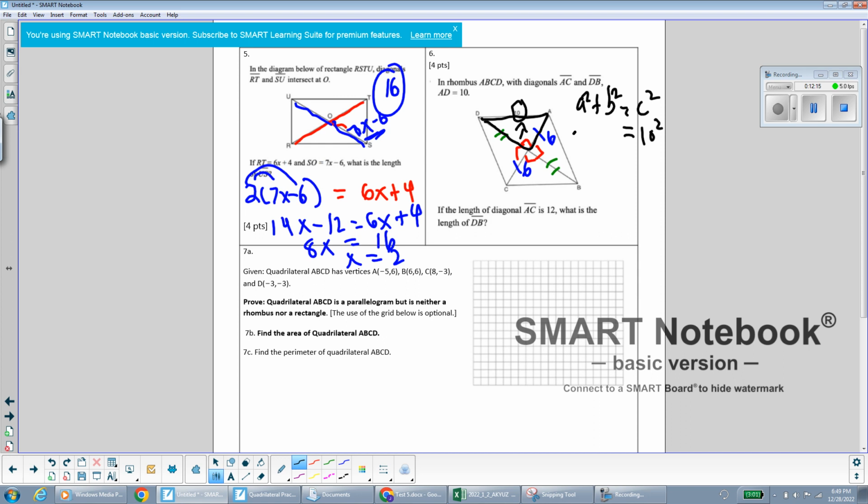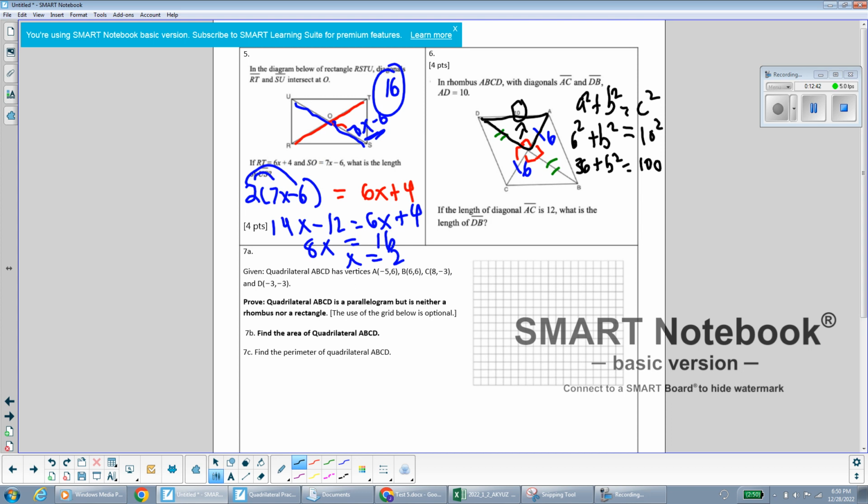Now, A could be 6. That's the other side that we know. And I can leave the unknown side as B because I'm solving for it. But that 10 does need to go in for C, else you will not get the right answer. You're not looking for the hypotenuse here. You have it. Okay, so we have 36 plus B squared is equal to 100. Now we just need to do 100 minus 36.